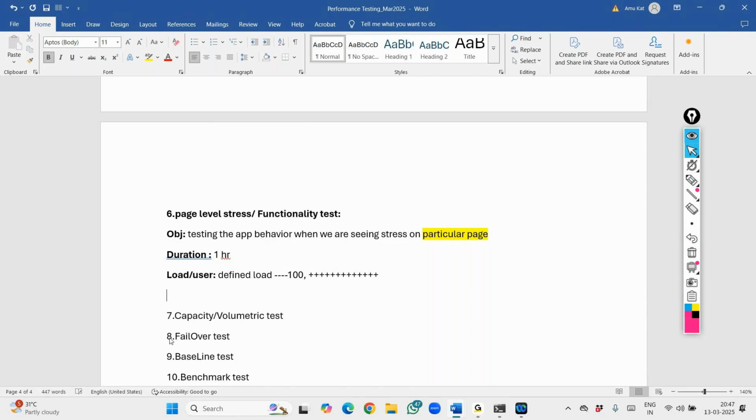Moving to another test, capacity or volumetric.